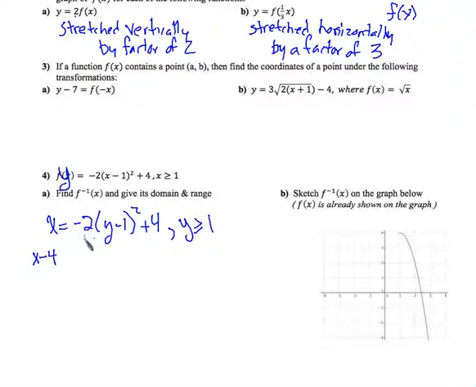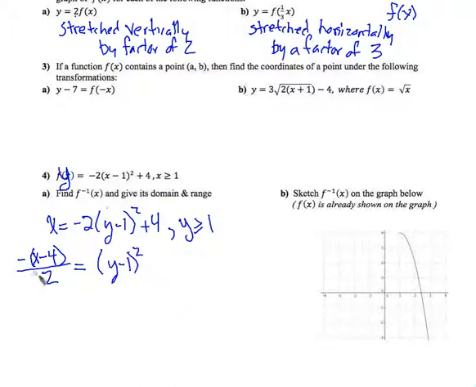And then we divide both sides by negative 2. I'm going to put the negative up here and then divide by 2, which is then going to leave me with y minus 1, the quantity squared.